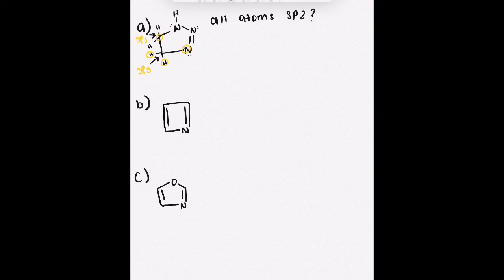So our first question is already no. That means since rule 1 is not satisfied, this molecule is non-aromatic. We don't have to go over the other rules because since rule 1 is already not satisfied, the rest will not be either.